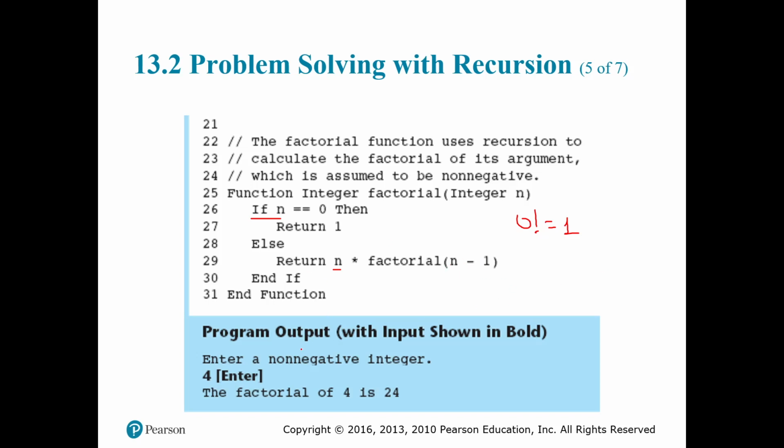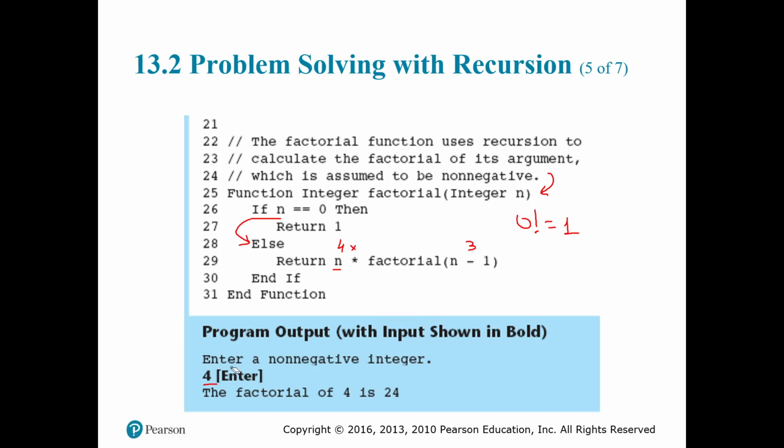And this way, whenever a user enters, for example, 4, your computer is going to pass a 4 into here. Then it would check, is our 4 equals 0? No, so it will skip to the else. And then it would go 4 multiplied by, and then it would call this function again, but instead of calling it with 4, it would call it with 3.